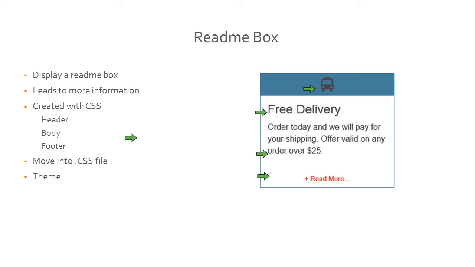This is all just created with CSS, and I'm going to lay it out exactly like a regular panel in Bootstrap. I did this deliberately. It actually has a header and a body and a footer. Then eventually I'm going to move that into a CSS file, but I'm also going to show you how to theme it so that you can change the colors up here or down here if you want. That's what we're going to do.